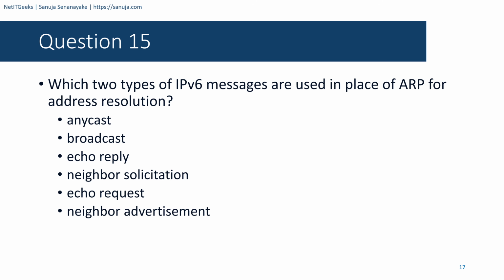So we are looking for two answers with respect to IPv6. If you understand the IPv6 header and how IPv6 works in terms of address resolution and how IPv6 routing works, this is an easy answer based on the answers given below. I'll give you a few minutes to think about it. Which two types of IPv6 messages are used basically in place of ARP?